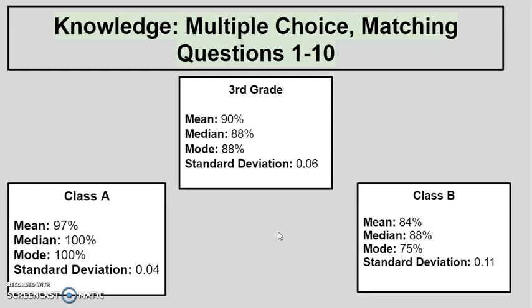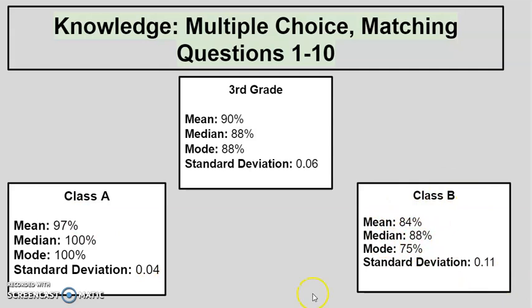However, when the knowledge level questions are broken down by classes, the data indicates different levels of achievement. Class A's mean score on these questions was 97, while Class B's mean score was 84.